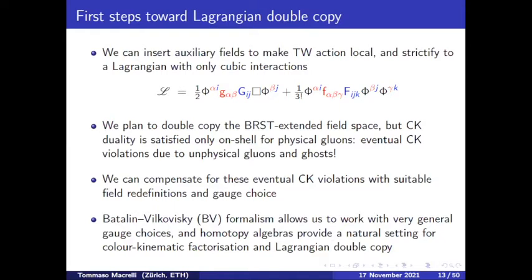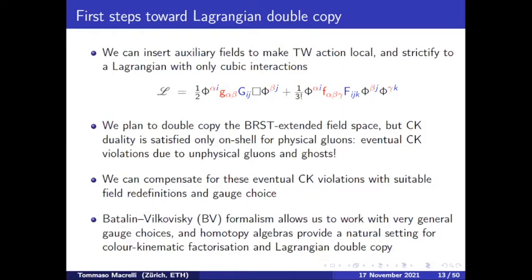on-shell physical gluons. But we want more, since we want to use this Lagrangian formulation to address the problem of loop-level Colour-kinematic duality and double copy. But in principle, we can have violation of Colour-kinematic duality coming from unphysical polarizations of the gluons and from ghosts. We plan to compensate for this violation by introducing a suitable choice of gauge and with field redefinitions.